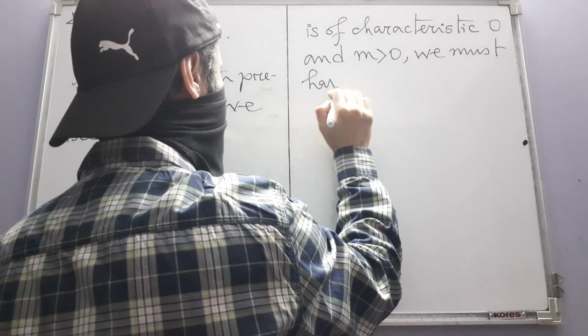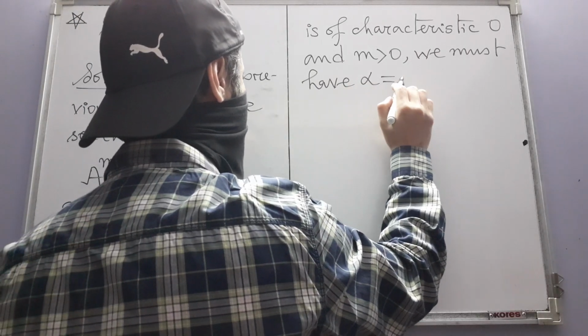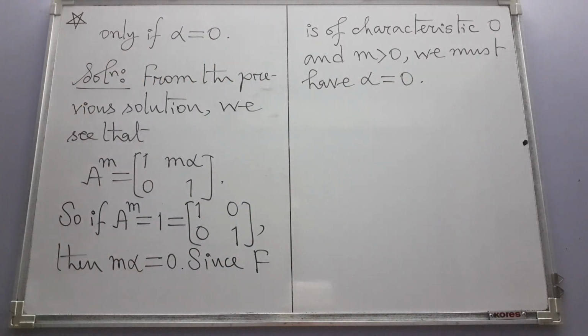We must have alpha equal to 0. That is why alpha is 0.